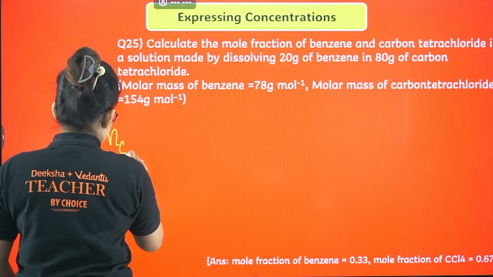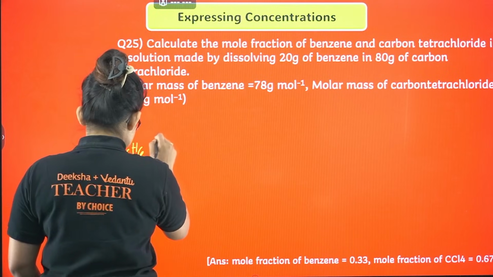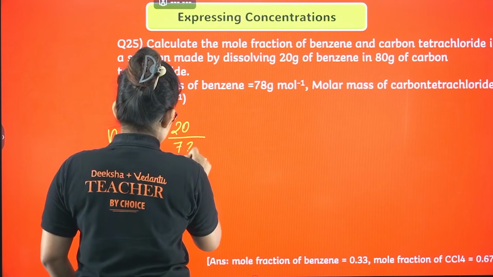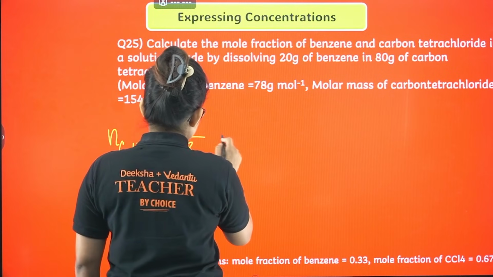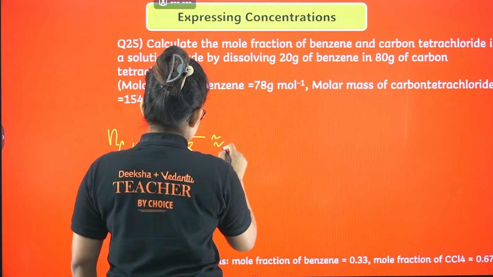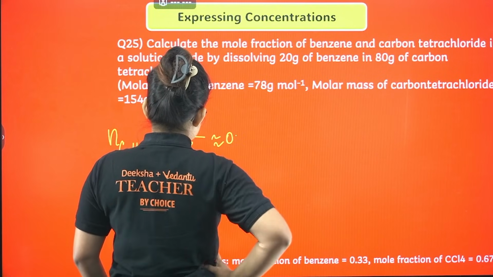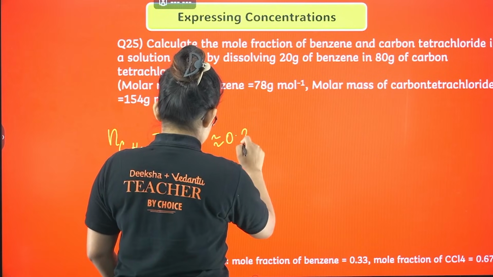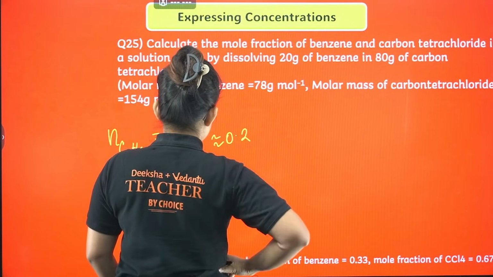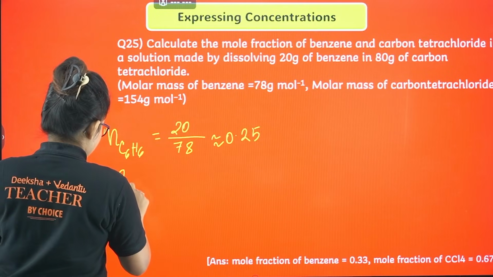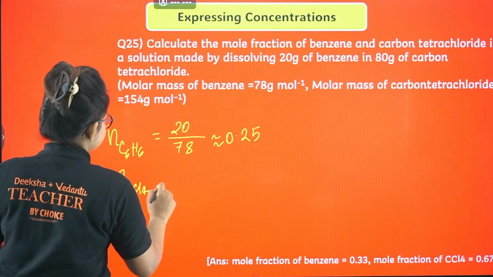Number of moles of C6H6 is 20 divided by 78, so almost 0.25, I guess.